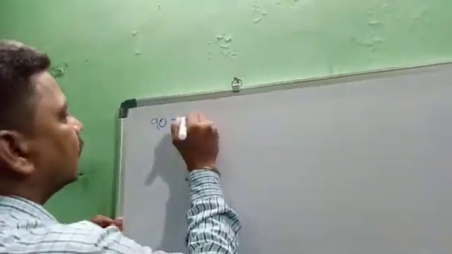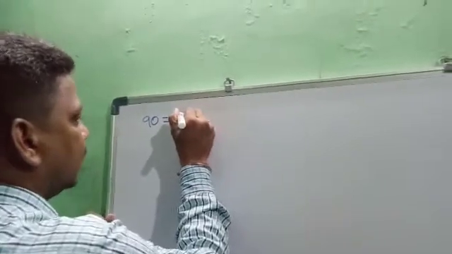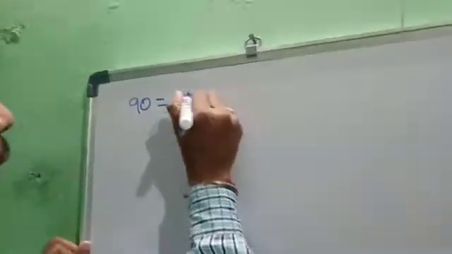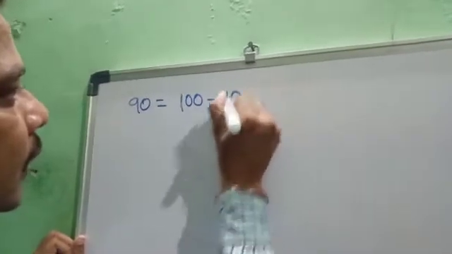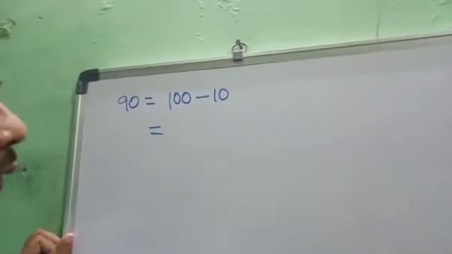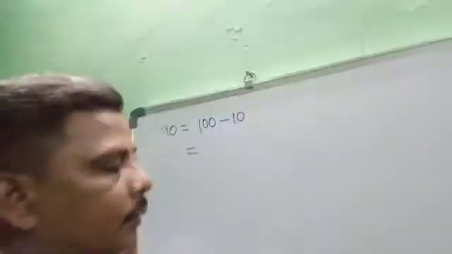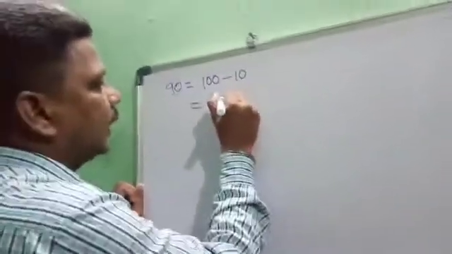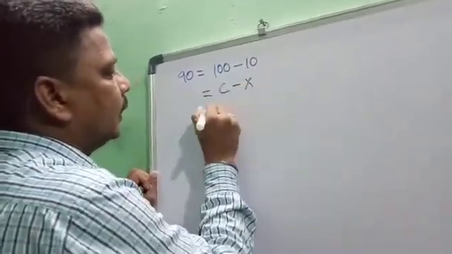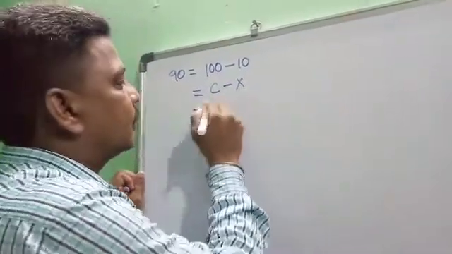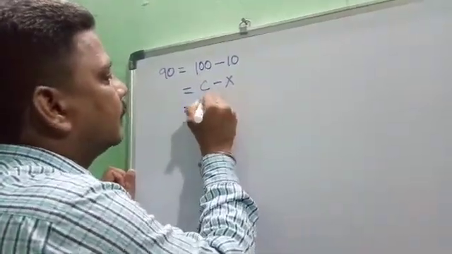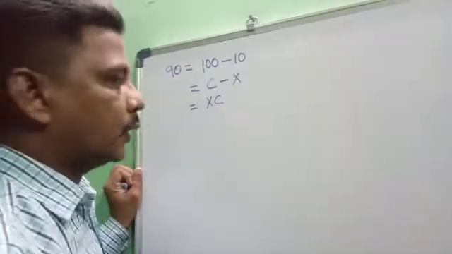So when we write 90, we subtract 10 from 100. The letter used for 100 is C and for 10 is X. And since you are doing subtraction here, you write XC.